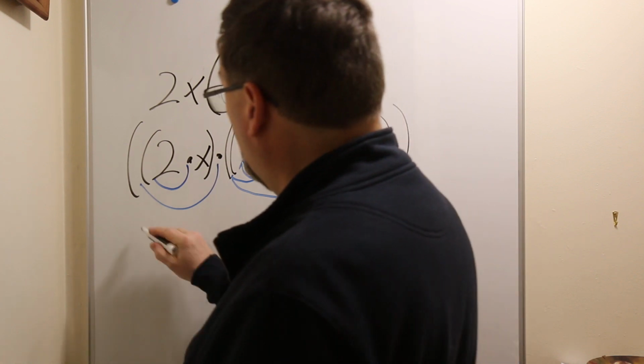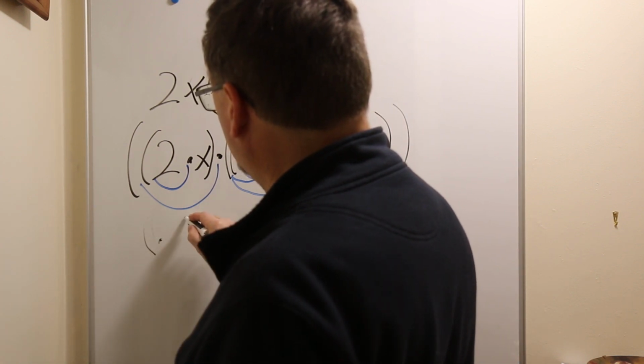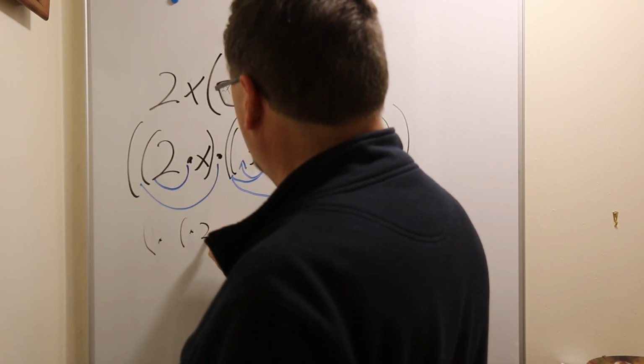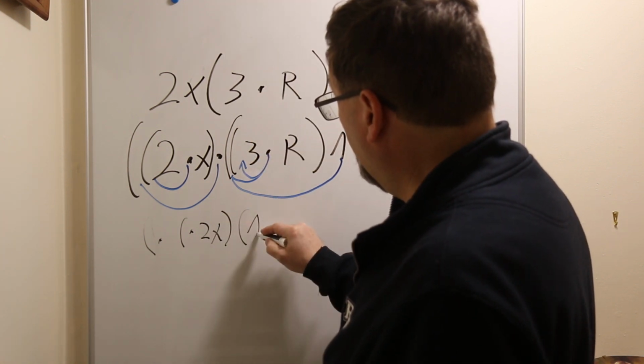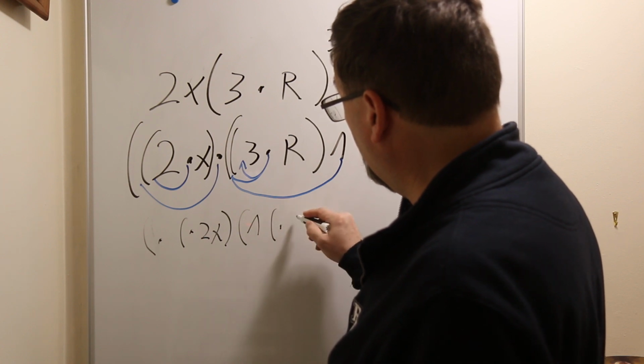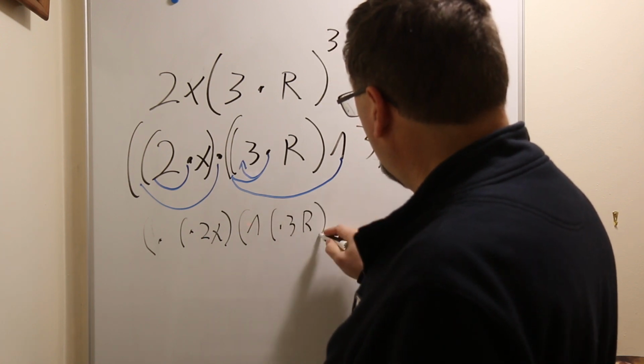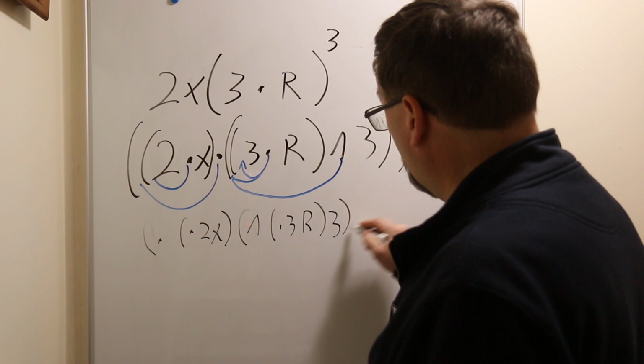So we end up with left paren times left paren times 2x right paren, left paren exponent left paren times 3r right paren 3 right paren right paren.